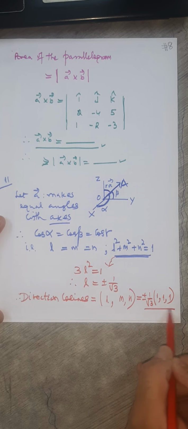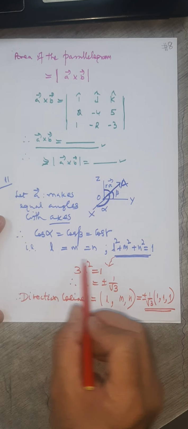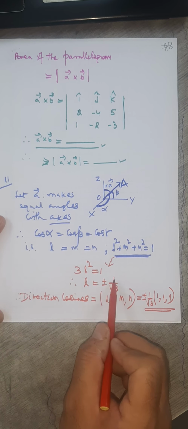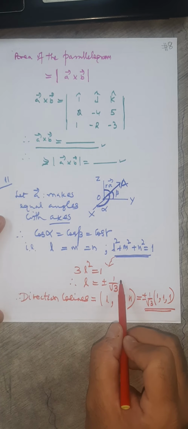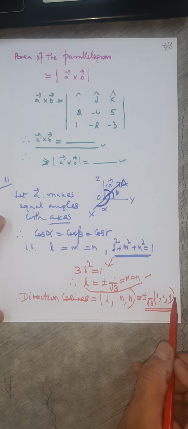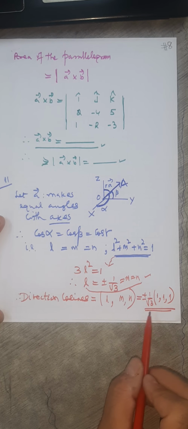This is the required vector. Plus or minus 1 by root 3, which is the same, and that's also the same. This is same as m, this is same as n, remember, because all are equal here. So plus or minus 1 by root 3, 1, 1, 1. Or you can take just 1 by root 3 inside also.